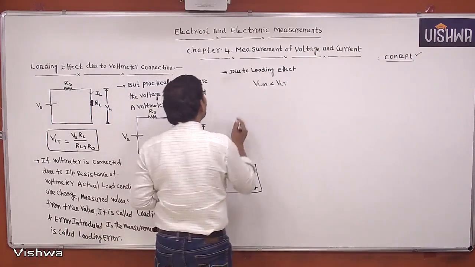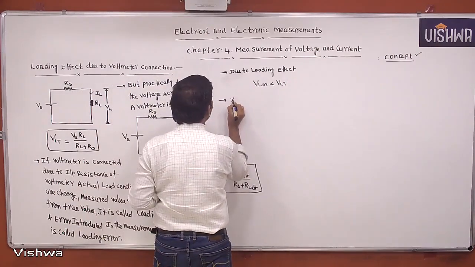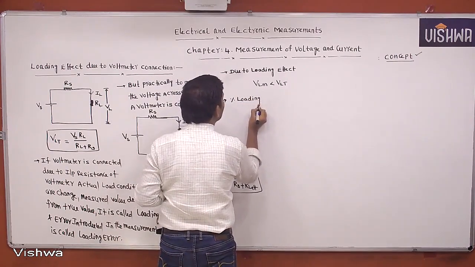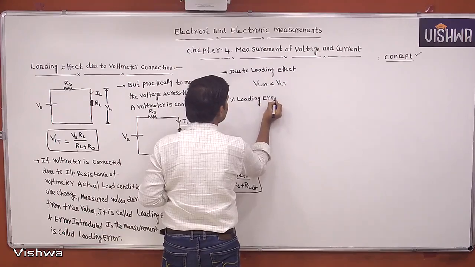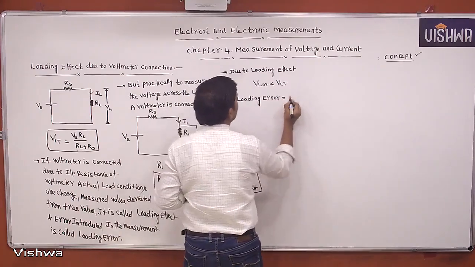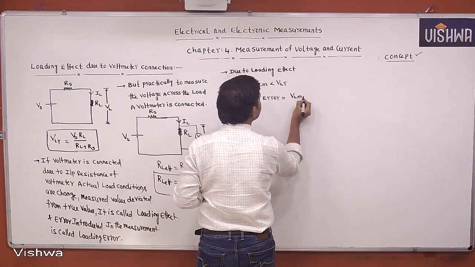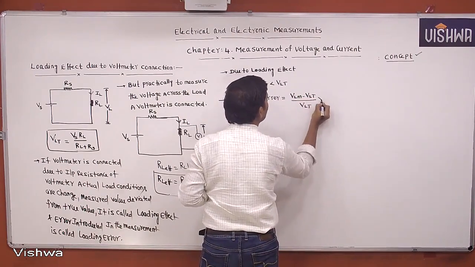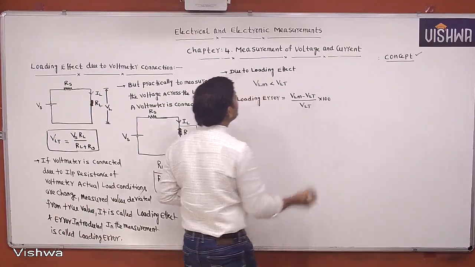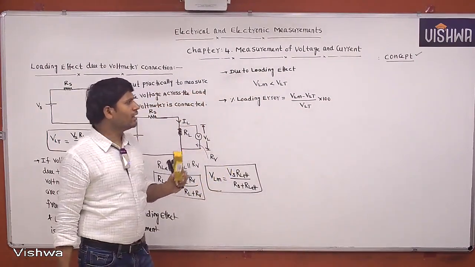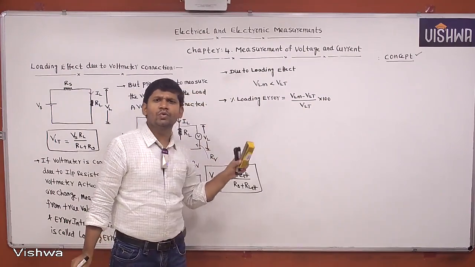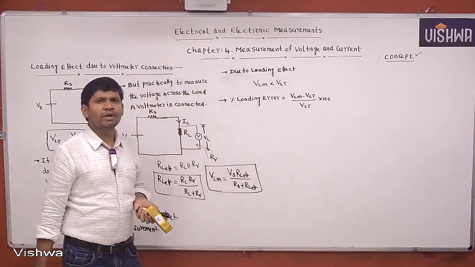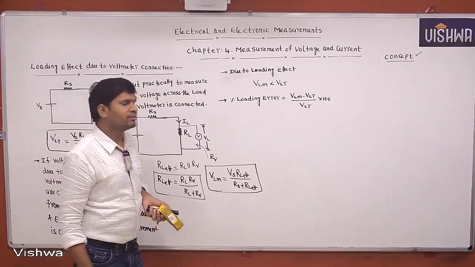Then how to define percentage loading error? Percentage loading error equals measured value minus true value, divided by true value, into 100.